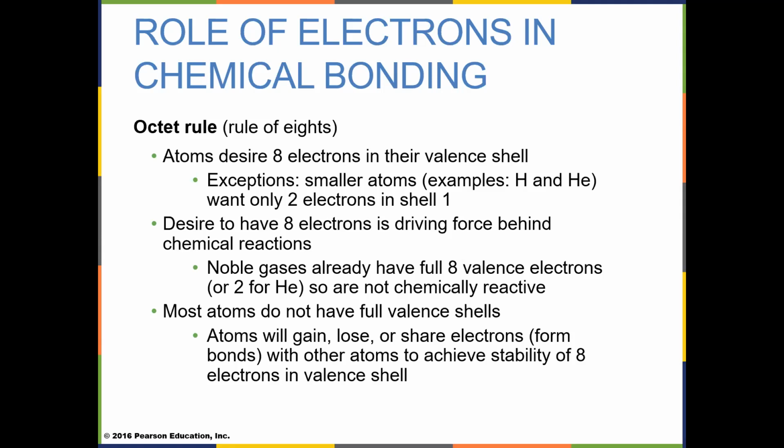All the other atoms want their valence shell filled with electrons up to 8. As far as we're concerned, all atoms want to have 8 electrons in their valence shell, except for hydrogen.